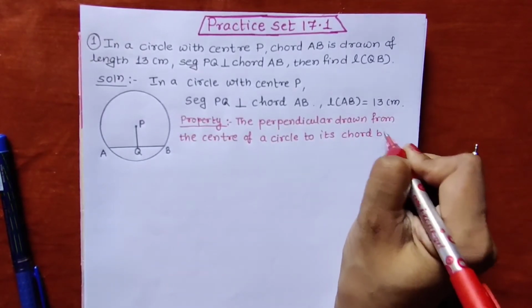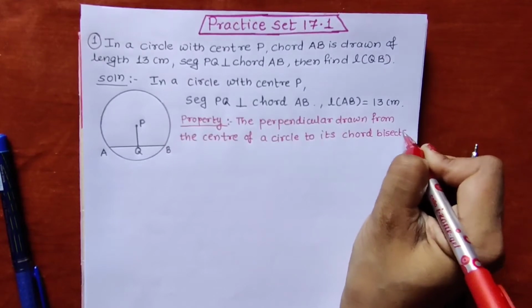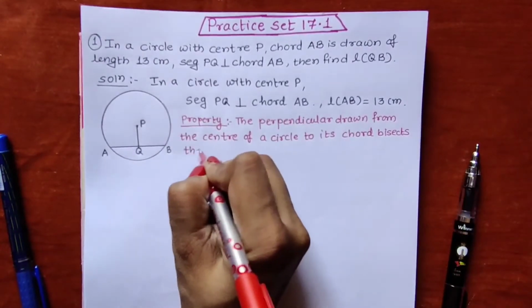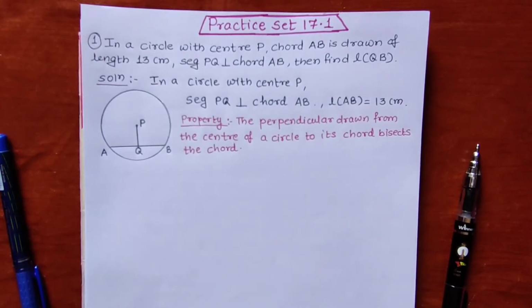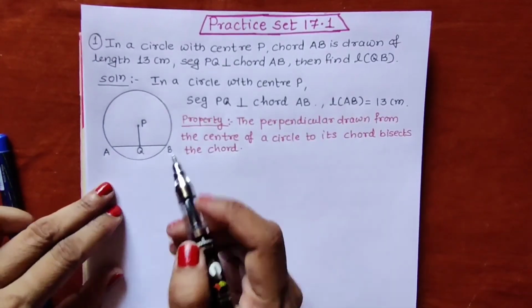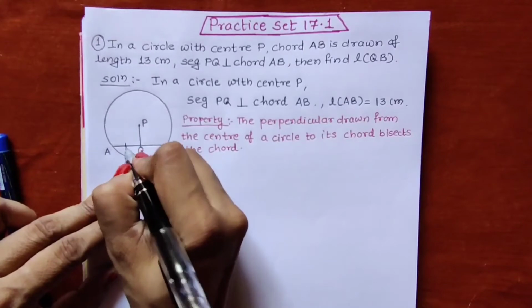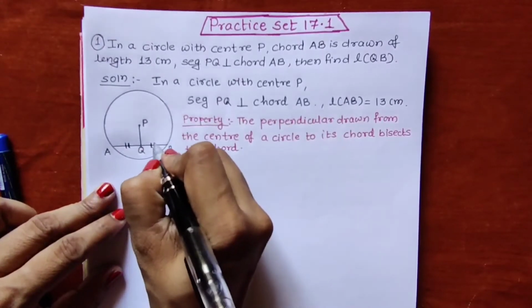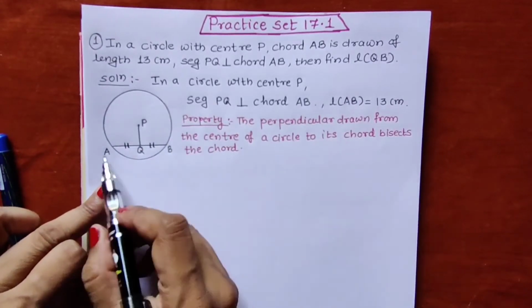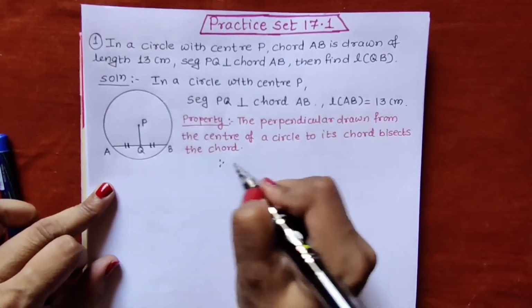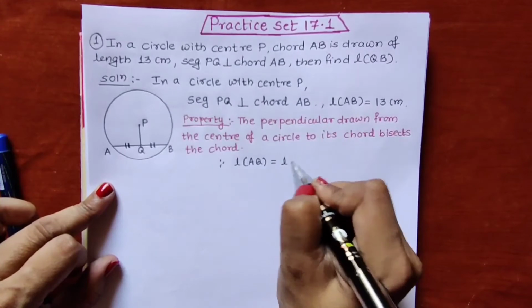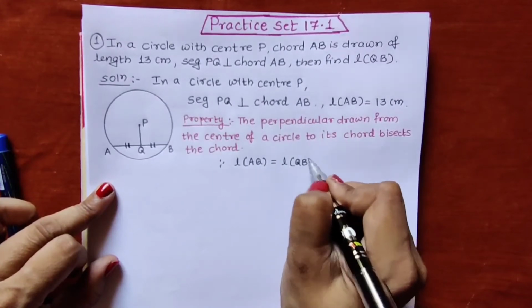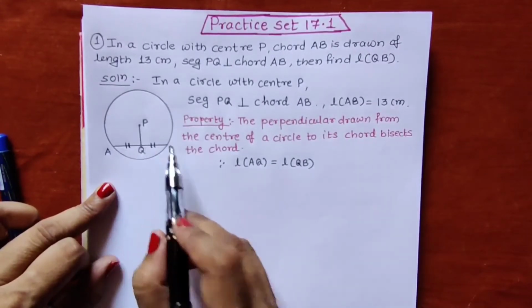It means this chord AB is divided into two equal parts. Which two equal parts? AQ and QB. These are the two equal parts of this chord AB, and therefore length AQ is equal to length QB. These two segments are of equal length.